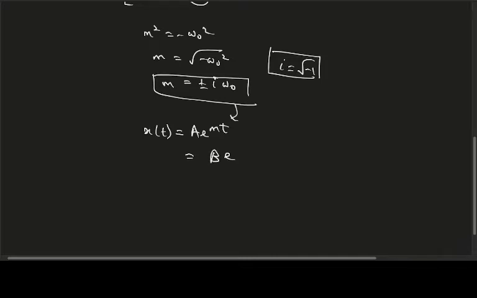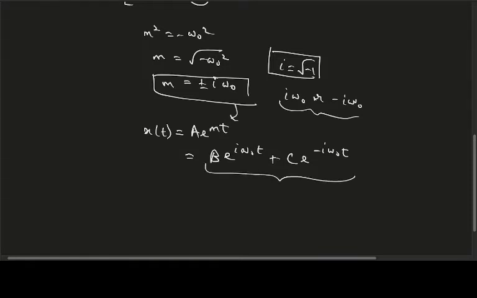As m can be i omega naught or minus i omega naught, we take the linear combination, or the linear superposition, of both these solutions: b e to the power i omega naught t plus c e to the power minus i omega naught t. So this is basically nothing but a sinusoidal solution. You can also write it, taking another constant, some d, using cosine, I just like cosine: d cos(omega naught t minus some initial phase phi naught), let's say.